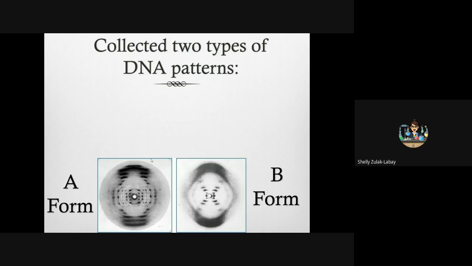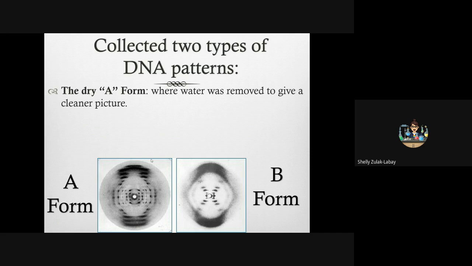So when she did this in her laboratory, she collected 2 types of DNA patterns, and these are the pictures I gave you on the top of page number 14. On the left-hand side is what we call the A form, or the dry form, of the crystallized sample, where water was removed to give a clearer or cleaner picture.